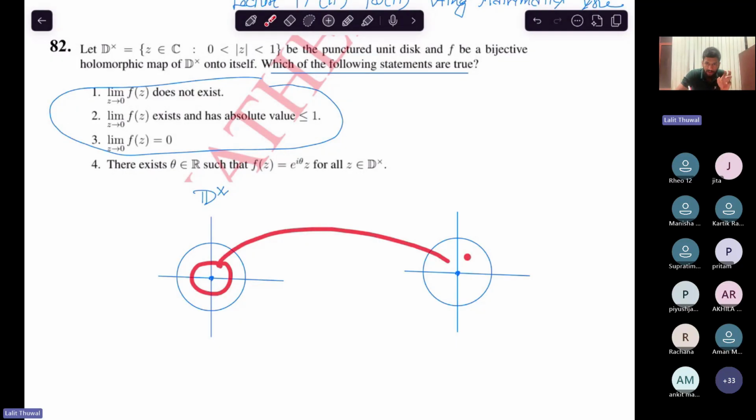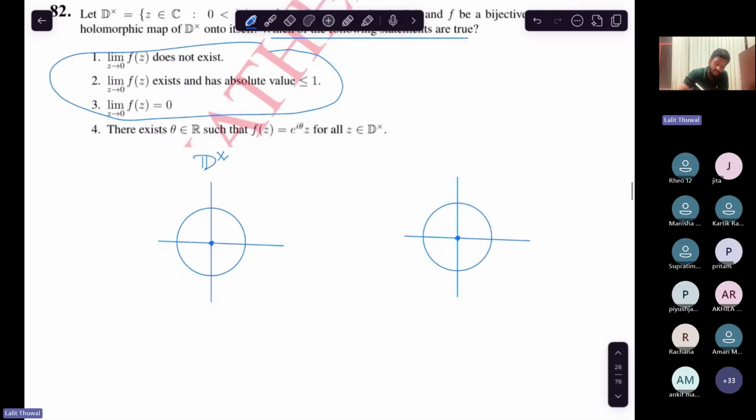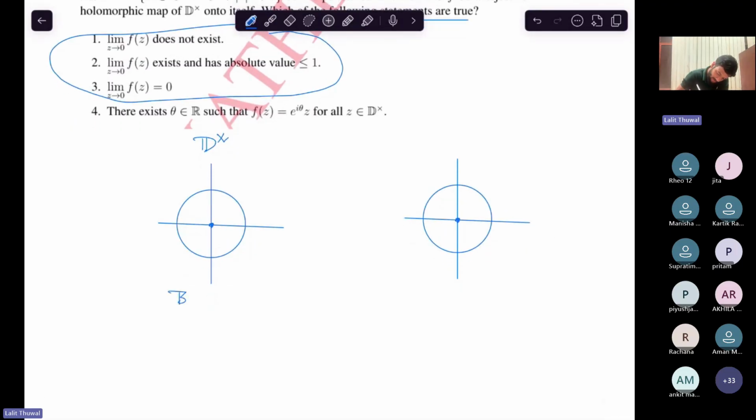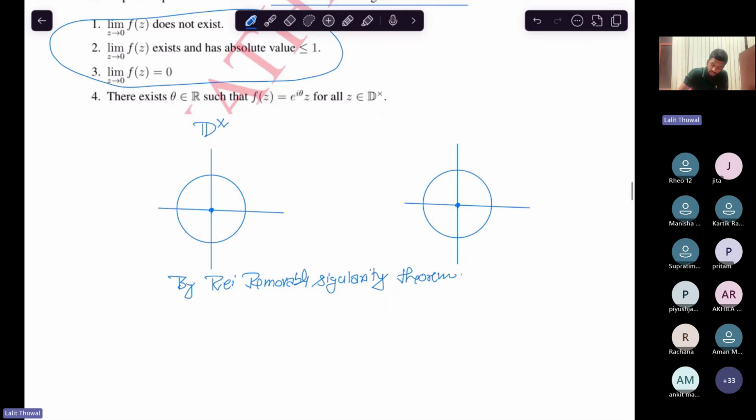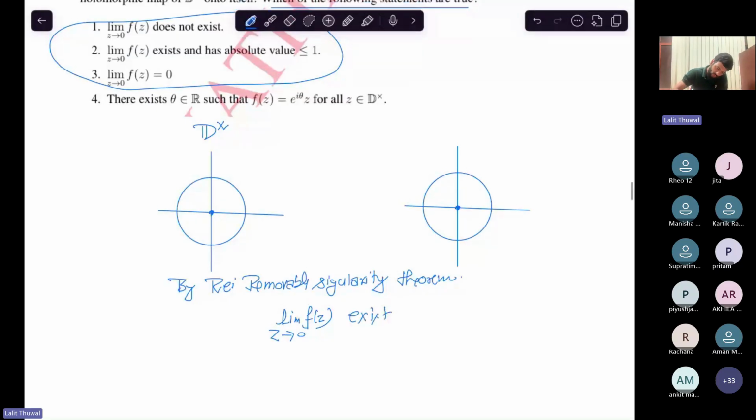So by Riemann's removable singularity theorem, we can remove the singularity. If we can remove the singularity, this limit must exist. First of all, it exists. We will see what it can be.